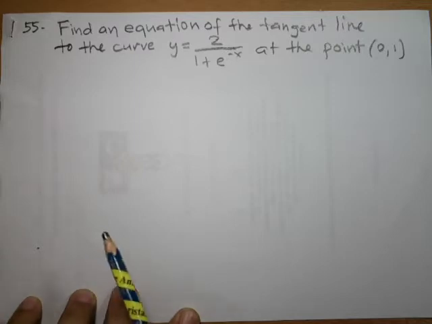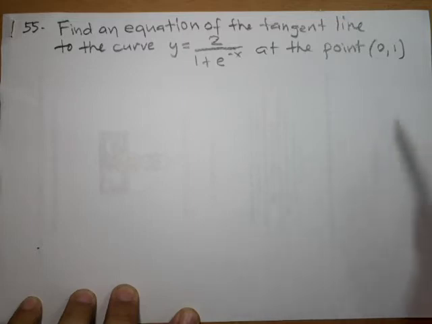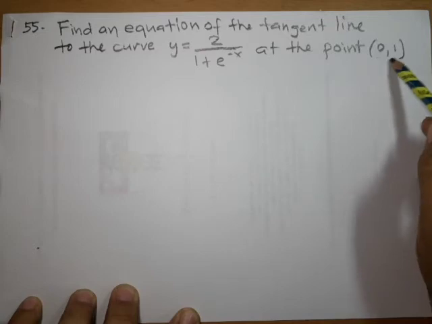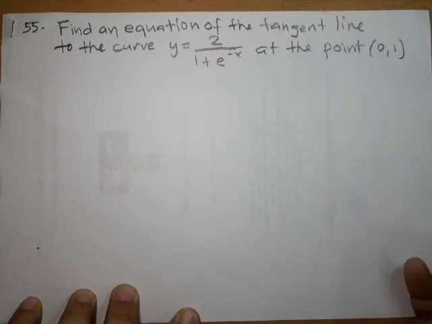And when you have the slope, you can now create the equation of a line because you have the slope and one of the points. Okay, so let's do this.